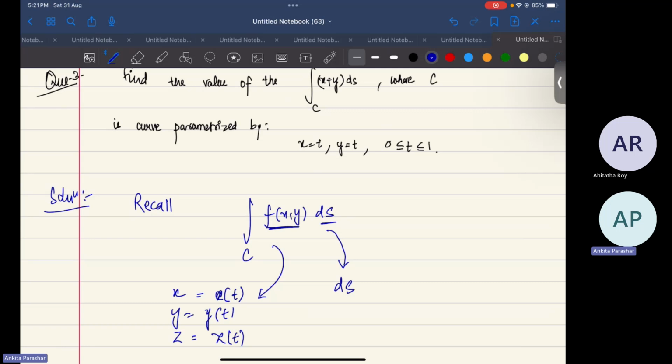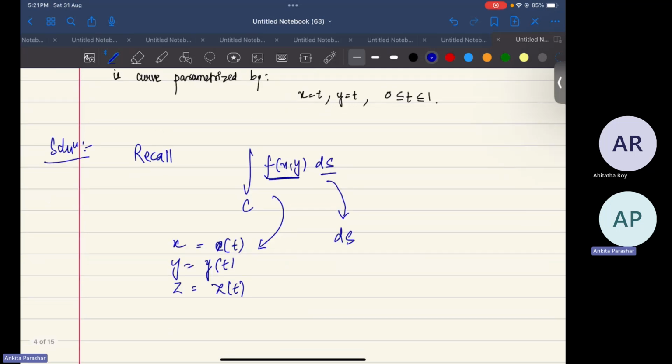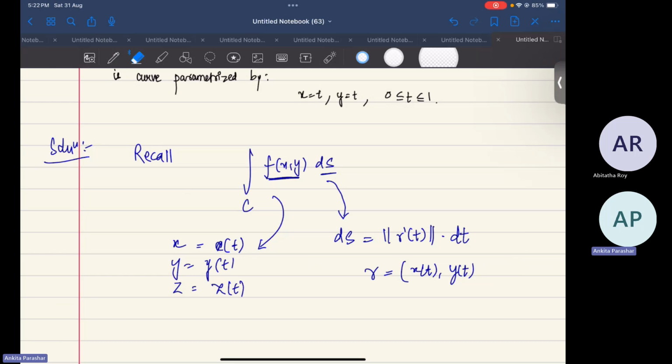If you remember, for a scalar field, ds is nothing but the norm of r prime t dt, where your r is nothing but x(t), y(t), z(t). And in this case, it is just x, y. So, therefore, your r prime t will be nothing but x prime t, y prime t.